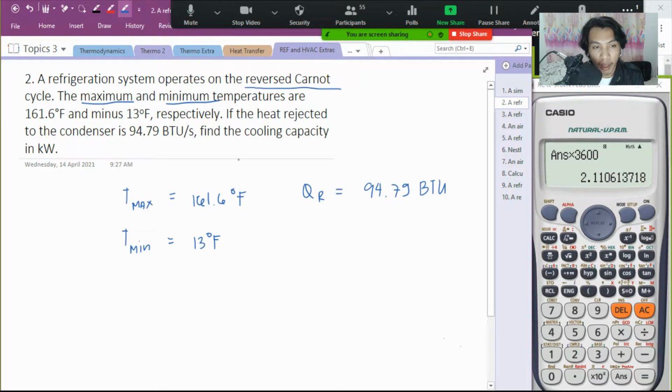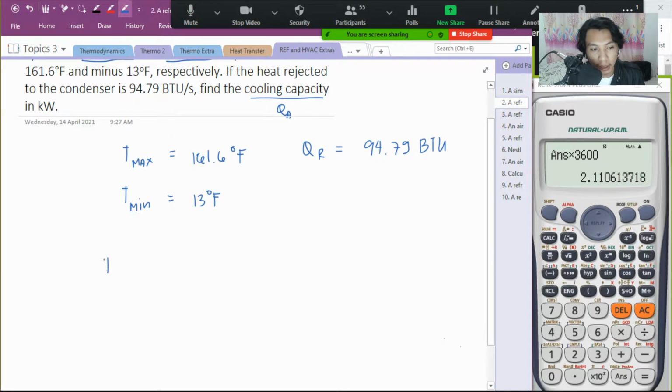Okay. Ang hinahanap natin is the cooling capacity, which is QA, in kilowatts. Ngayon, naka-BTU ito. Okay, ganito na lang yan. Tmax over Tmin is equal to QR over QA. Okay, ganun lang kadali. Ang hinahanap natin is QA.